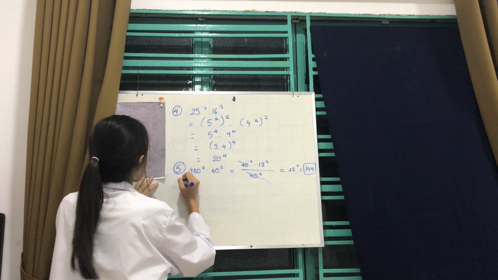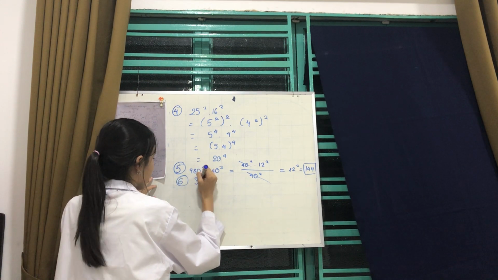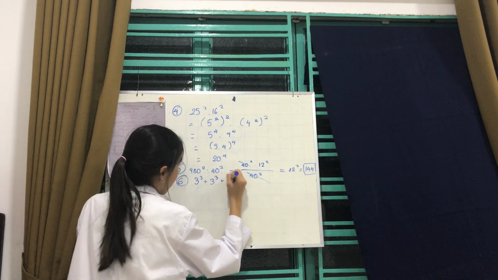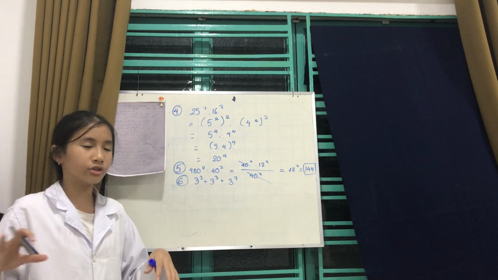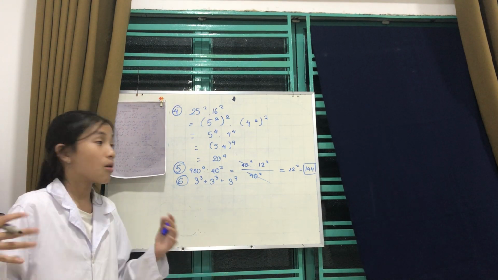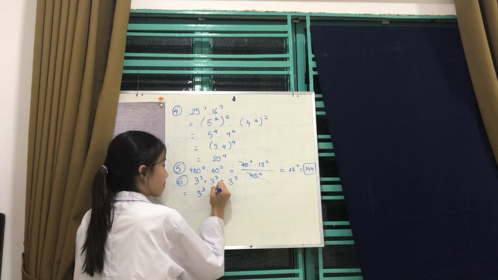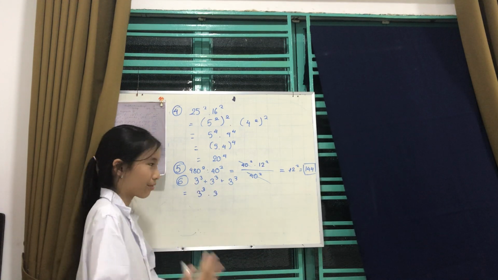Problem number 6 might seem easy, and it actually is easy. 3 to the power of 3 plus 3 to the power of 3 plus 3 to the power of 3. Here we will use the multiplication property, and this will equal 3 to the power of 3 times 3, because there are 3 times 3 to the power of 3.